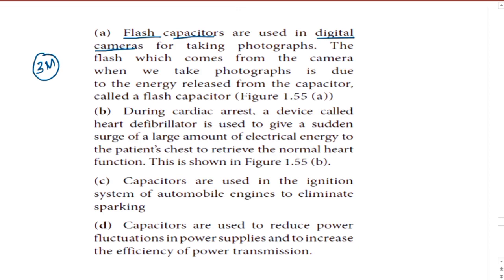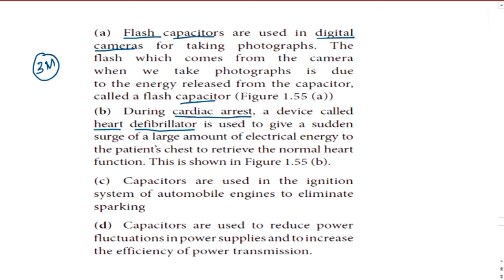Whenever we flash, we need a large amount of energy, and that is delivered by the capacitor, which is the first application. Next, in medical applications, in cardiac arrest, the heart defibrillator. You might have seen it in many films, particularly in the Rajinikanth movie Shivaji.